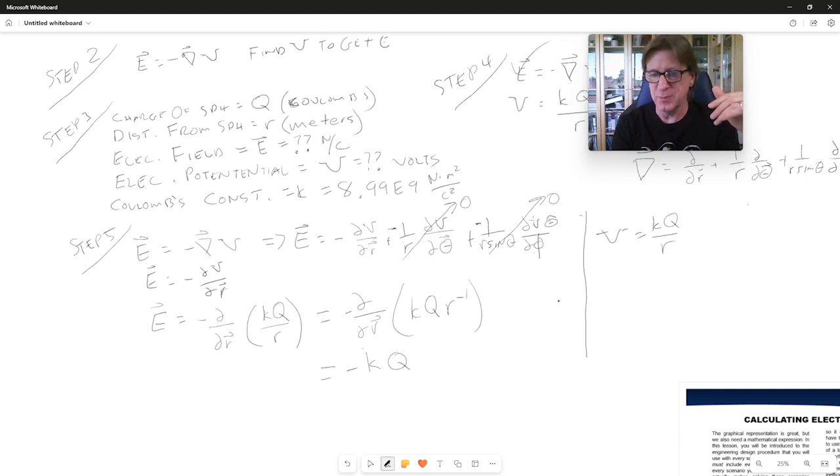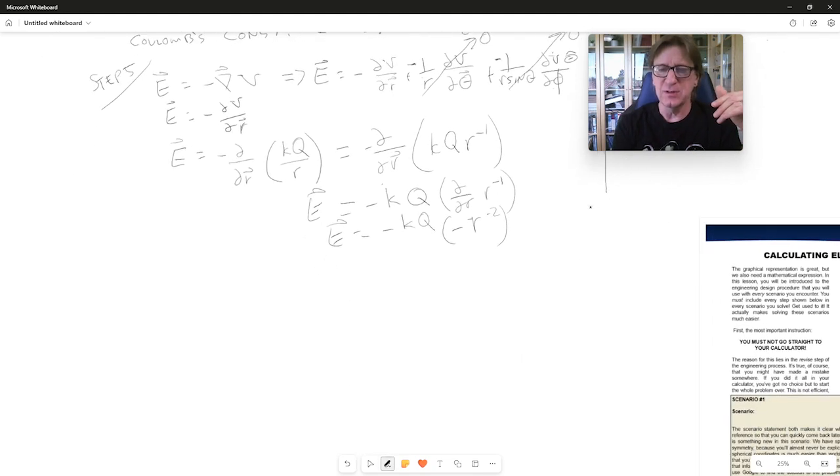That's an important property of partial derivatives. Now that leaves me with partial R of R to the minus 1. And therefore, E must be equal to negative KQ times negative 1 times R to the minus 2. So let's go ahead and simplify that just a little bit. And I'll get my final answer that E is KQ over R squared. It's very useful to go ahead and draw a box around that.